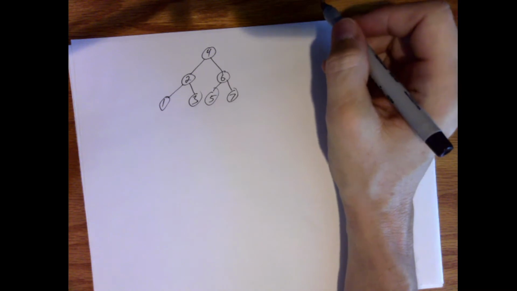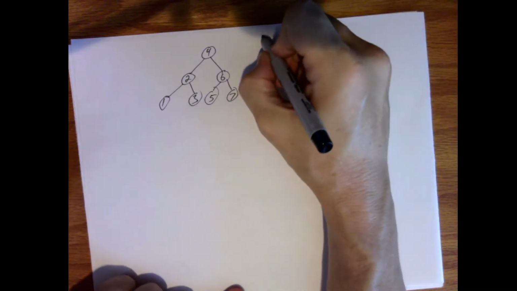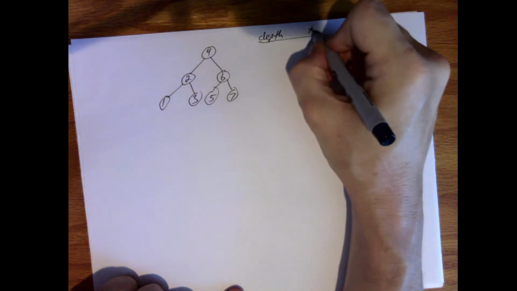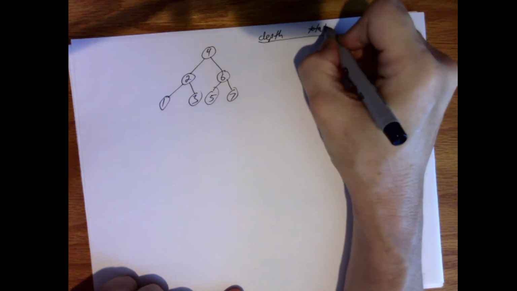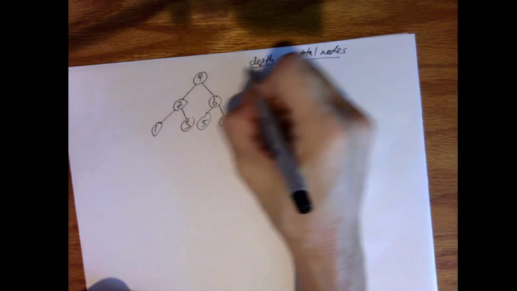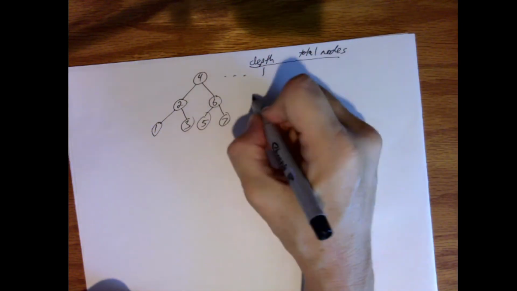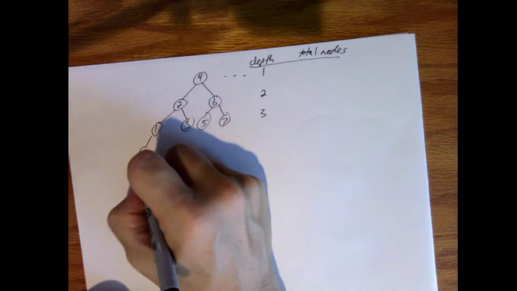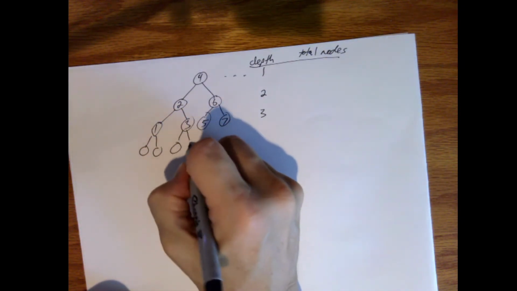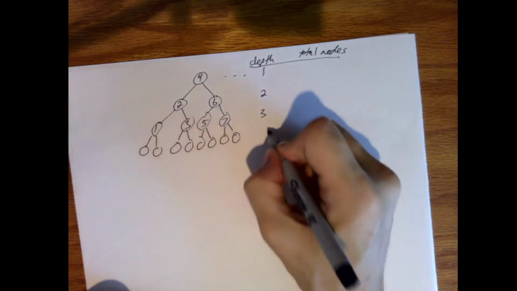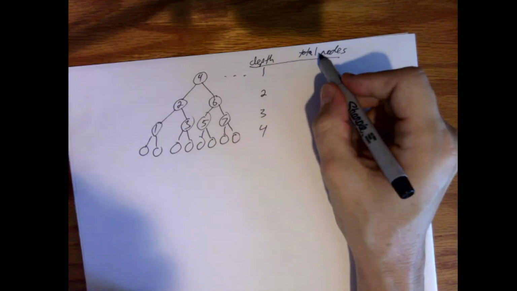Right. And let's look at total nodes. So let's say we have depth and total nodes to this point. So this is level 1, this is depth 2, this is depth 3. Each of these could have nodes. So it's level 4. So how many nodes do we have here?